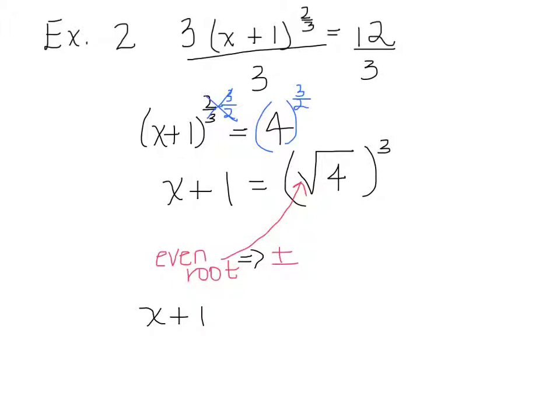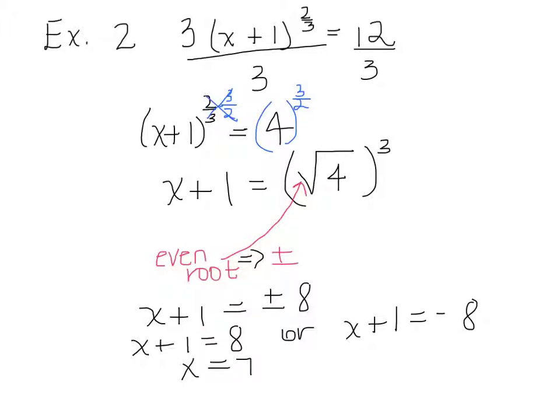So you're going to square root the 4, which is 2. 2 cubed is 8. So you have to do x plus 1 equals positive 8, or x plus 1 equals negative 8. So that means x would either be 7 or x could equal negative 9.